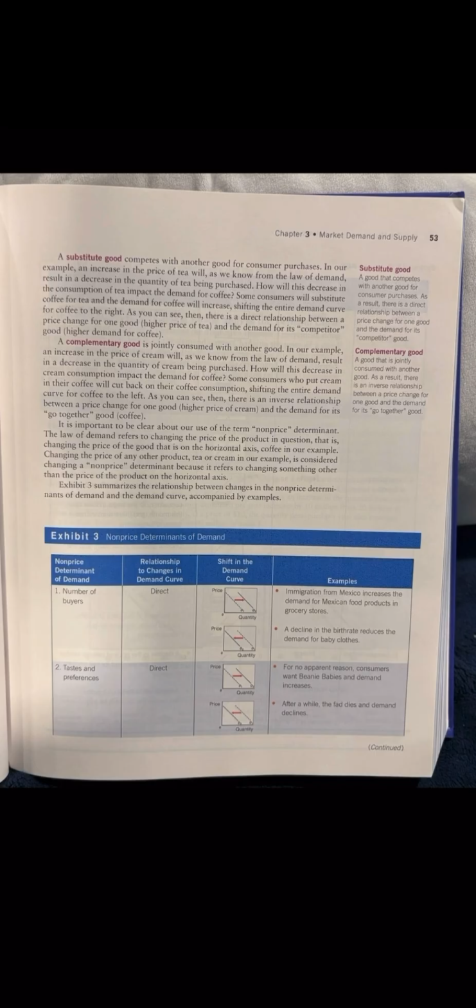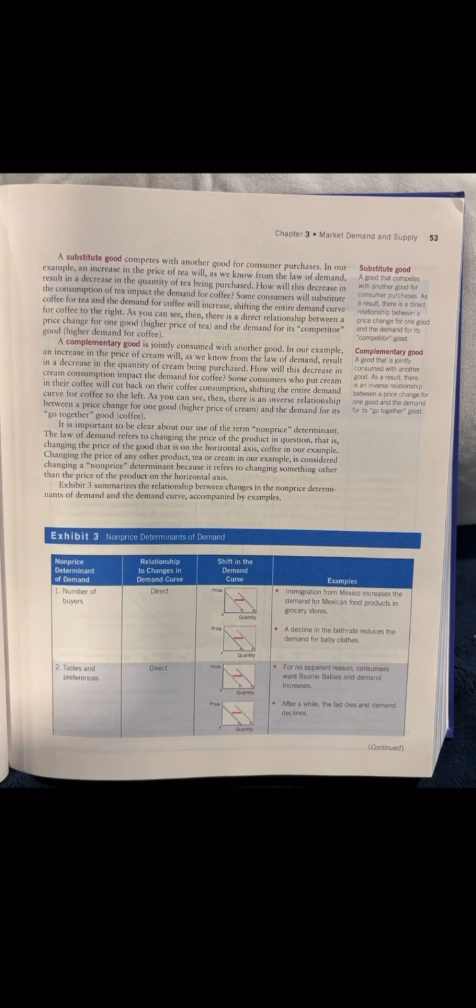It is important to be clear about our use of the term non-price determinant. The law of demand refers to changing the price of the product in question, that is, changing the price of a good that is on the horizontal axis, coffee in our example. Changing the price of another product, tea or cream in our example, is considered changing a non-price determinant because it refers to changing something other than the price of the product on the horizontal axis.